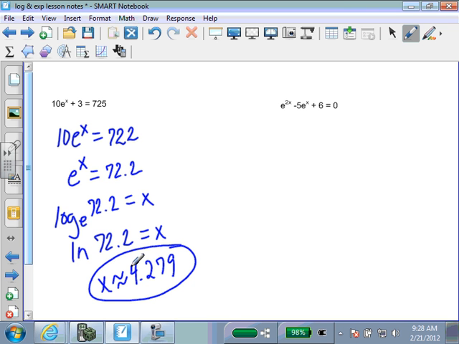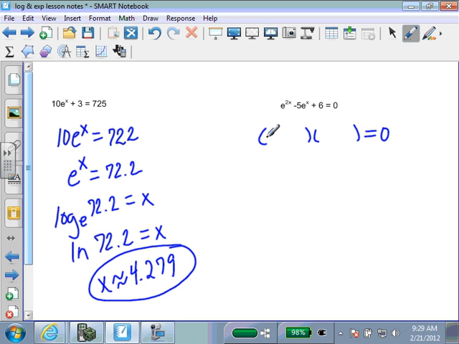This one is very interesting because if you look at it, it's a trinomial, which should make us think of factoring into 2 binomials, because there's no way to isolate my exponential piece because there are actually 2 exponential pieces. There's e to the 2x and there's e to the x, and those are not like terms. So let's try to factor this into 2 binomials.